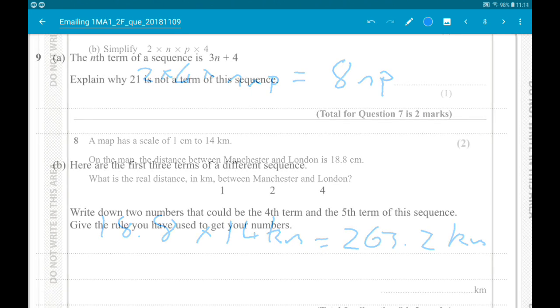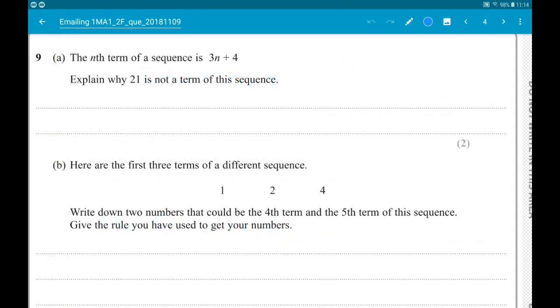Okay, number 9a. The nth term of a sequence is 3n add 4. We want to explain why 21 is not a term of this sequence.